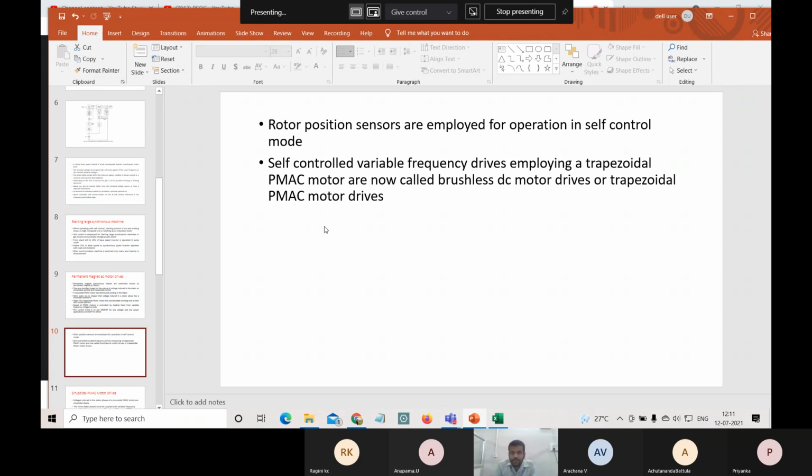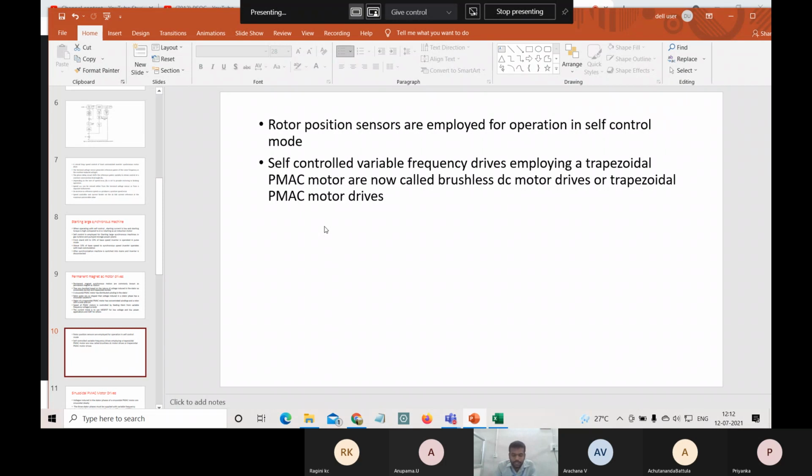So the permanent magnet AC motor or synchronous motor has a stator, and this stator is getting a voltage, and that voltage is in a trapezoidal waveform. So the self-controlled variable frequency drive with a trapezoidal PMAC motor is called a brushless DC drive, or you can call it a trapezoidal PMAC motor drive.